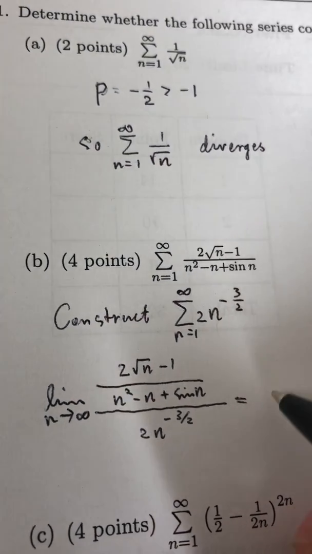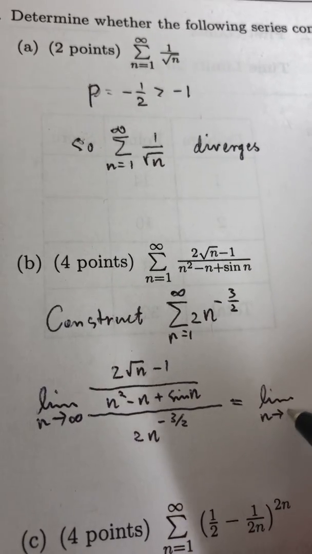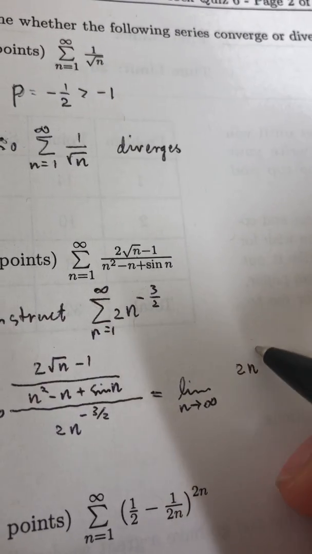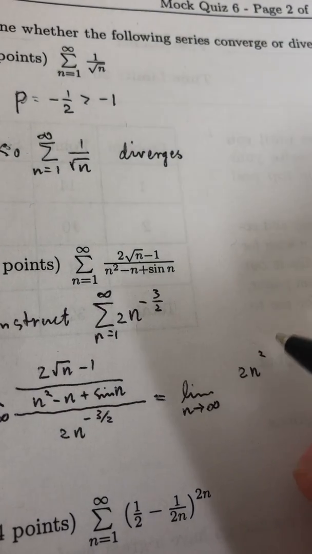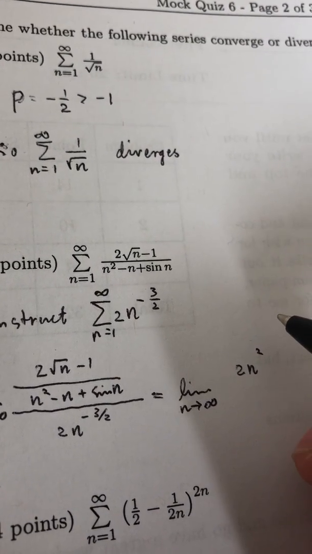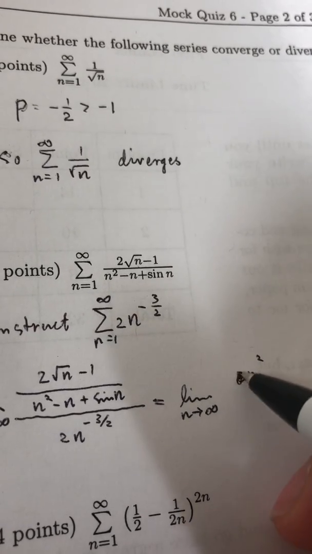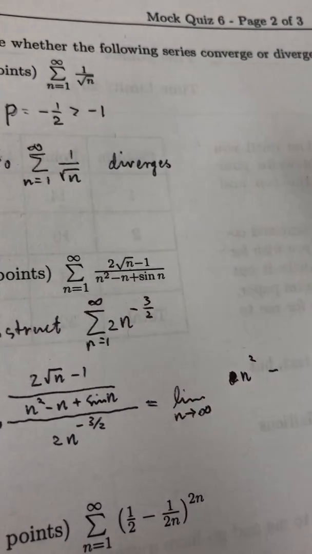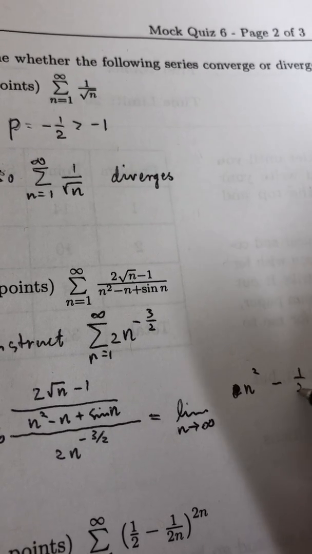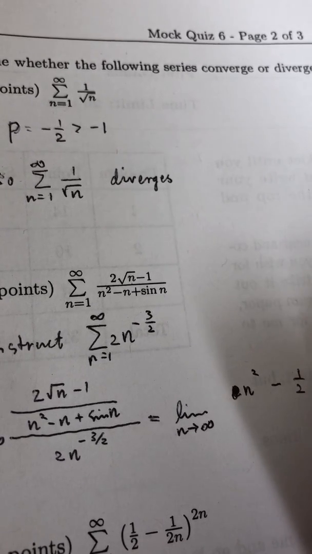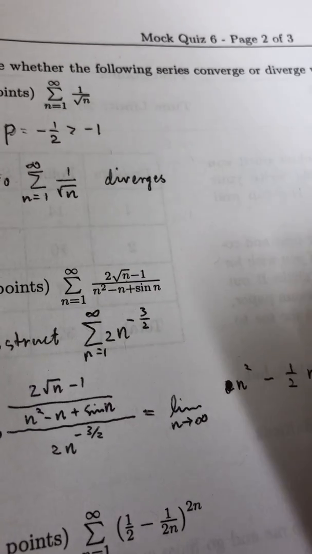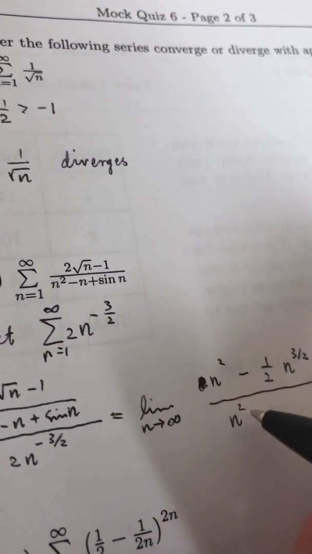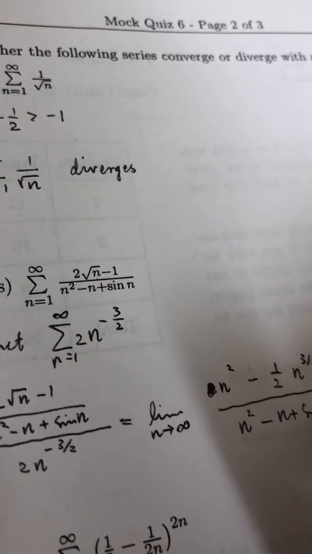You see it's equal to n squared minus 1/2 n to the 3/2, divided by n squared minus n plus sine of n.